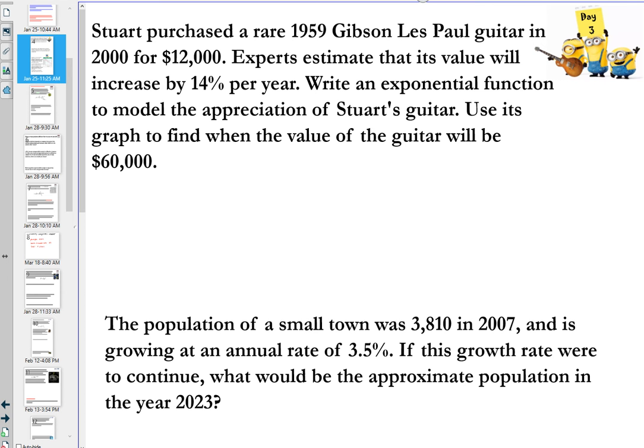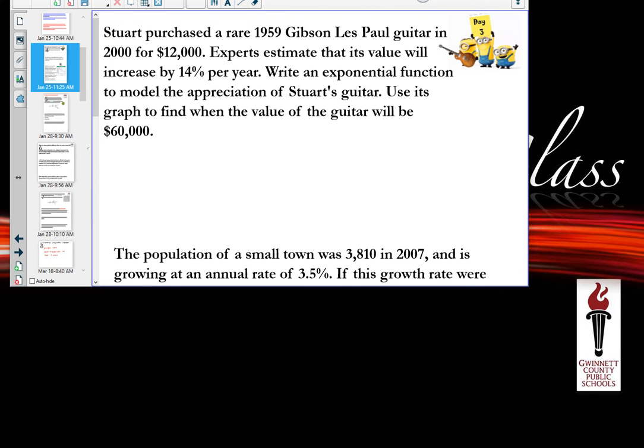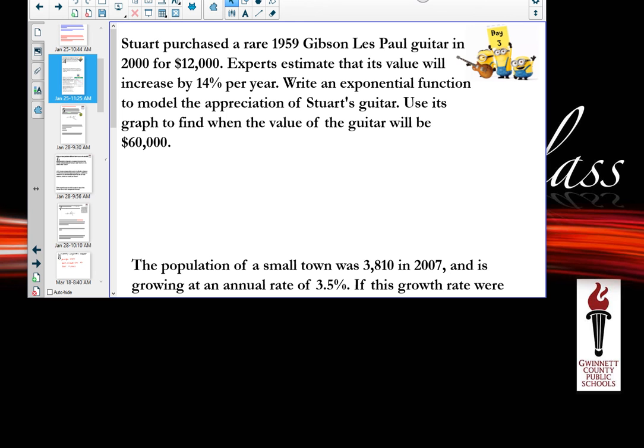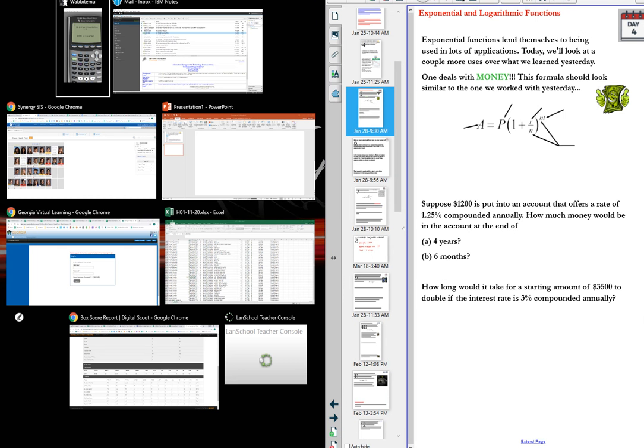Actually, I said that. Sorry, I'm going to try something. The formula is going to be exactly the same. We're just going to use it to find a different variable. Fun. All right, let's do this.